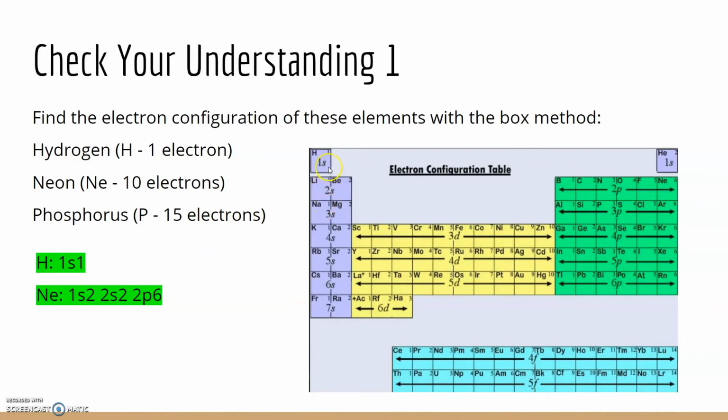Because you have 1s2, 2s2, 2p6, 3s2, and then you start here, 3p1, 2, 3, and then you already have phosphorus. So phosphorus would not actually fill the entire 3p orbital. It would only fill 3 electrons. So the way we would write that is 1s2, 2s2, 2p6, 3s2, 3p3, because it only puts 3 electrons in the 3p orbital.